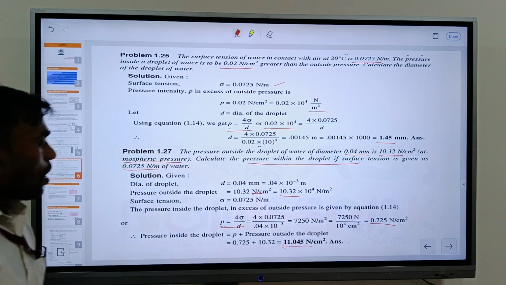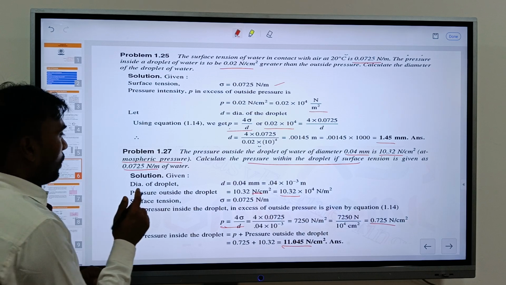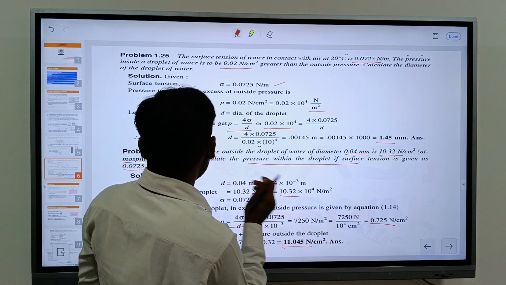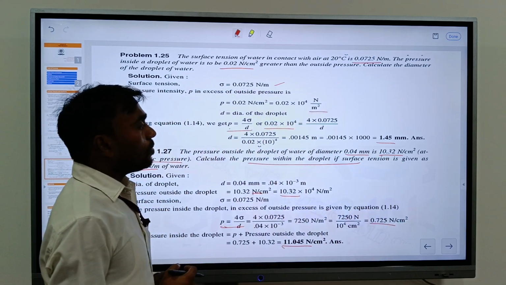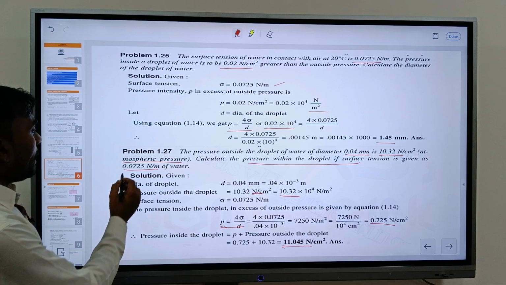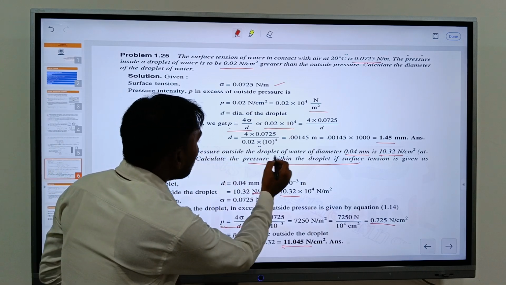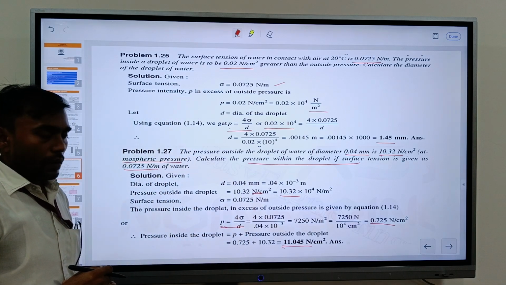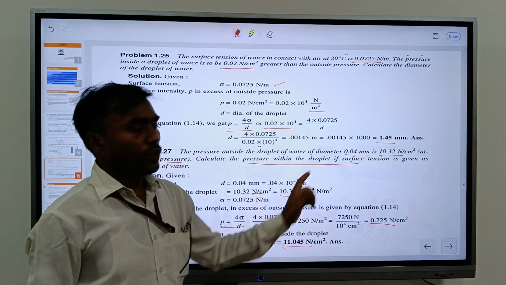Okay. So in this question there is a certain point to be remembered. The pressure value, that is 10.32 Newton per centimeter square at atmospheric pressure, is given outside the droplet. And further we have to calculate the pressure within the droplet.